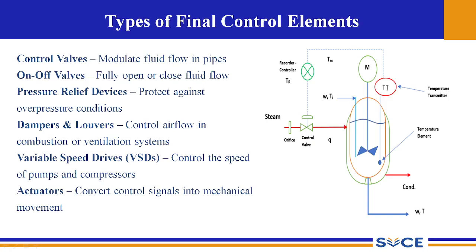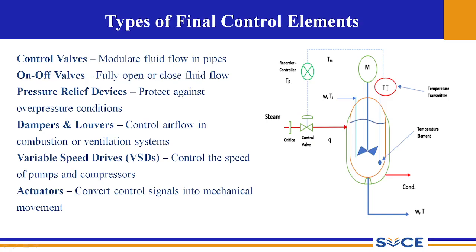Here we can see that from the temperature transmitter to the control valve, the line is represented as a dashed line rather than a solid line. It means those are electrical signals which will be transmitted to the controller.